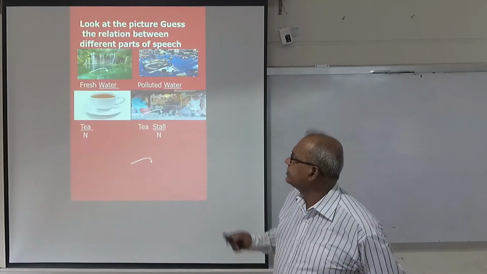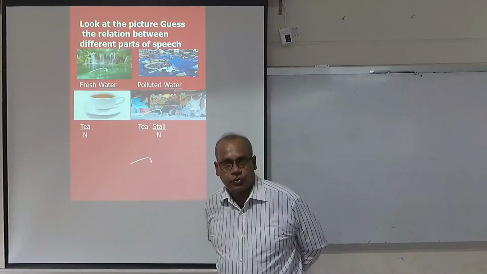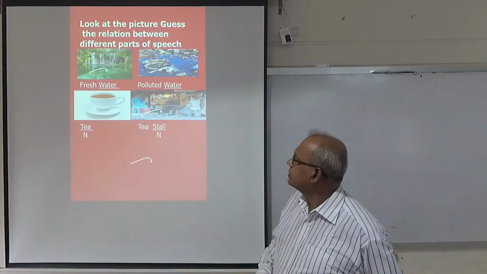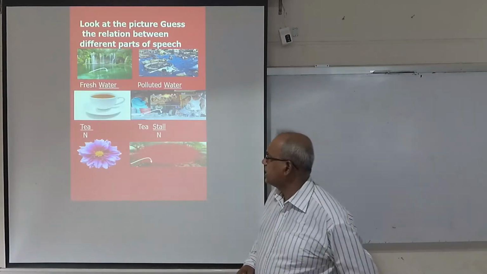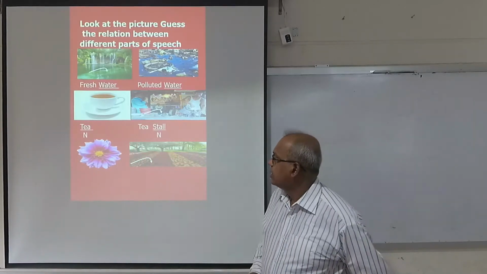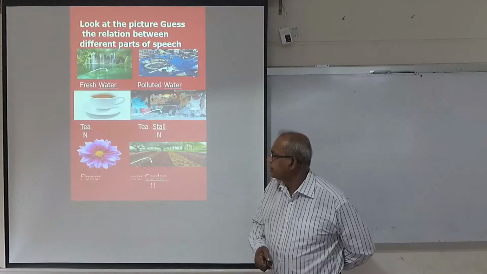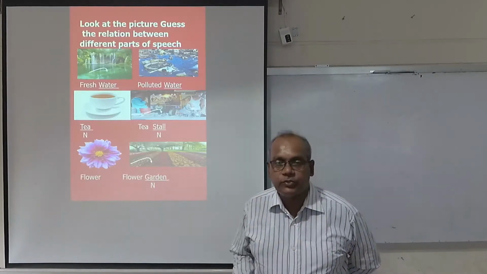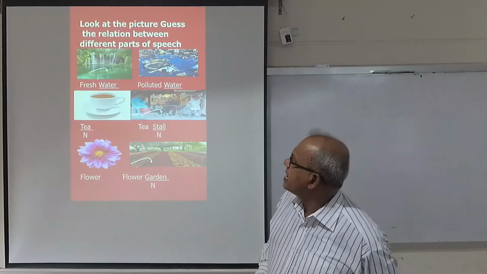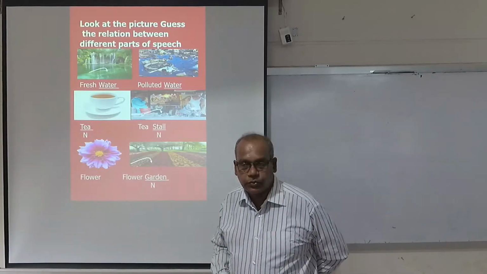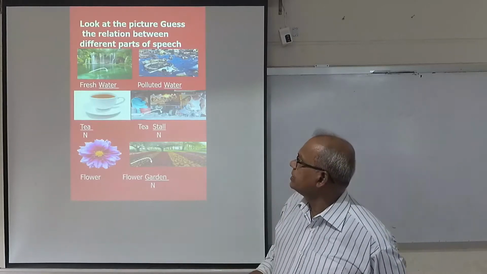And the fourth picture shows a tea stall. And the fifth and sixth pictures: flower and flower garden. Dear students, look at the picture and the underlined words; you should know about them.